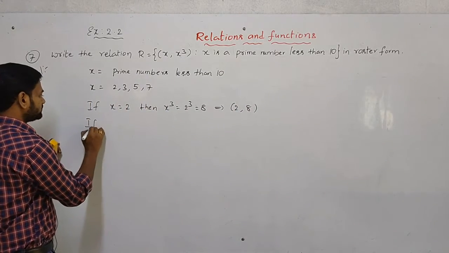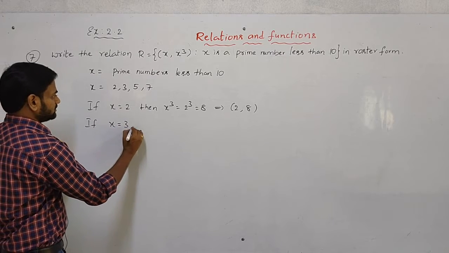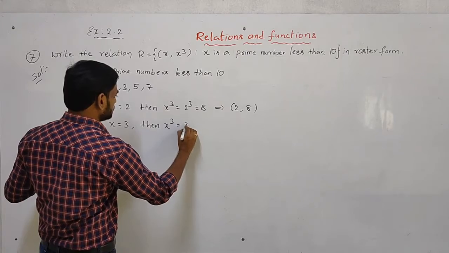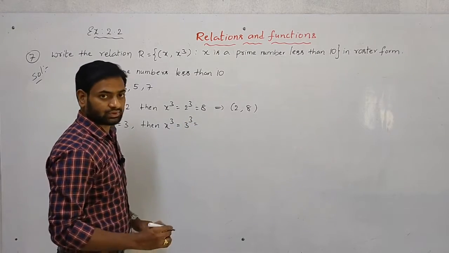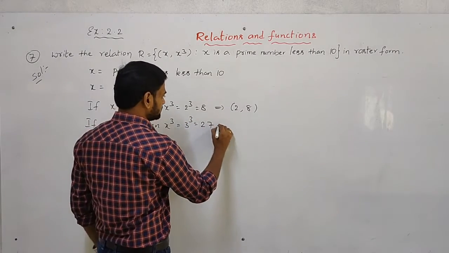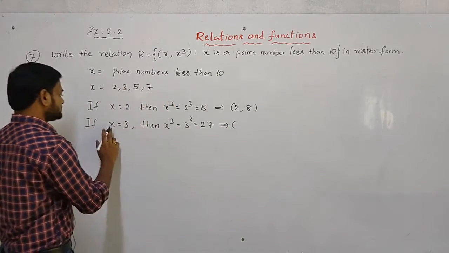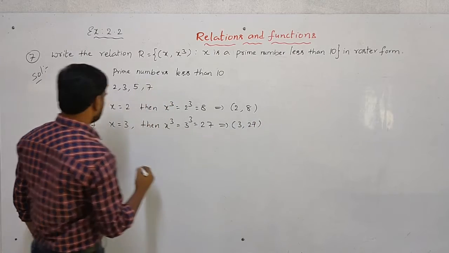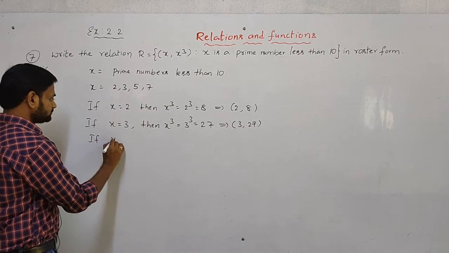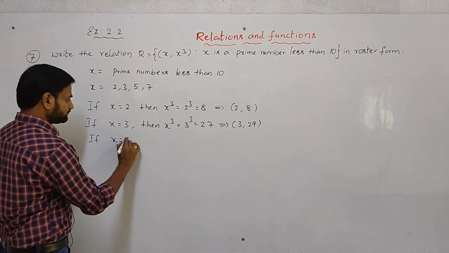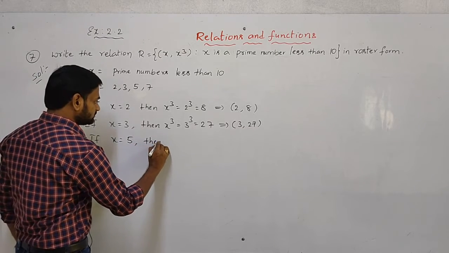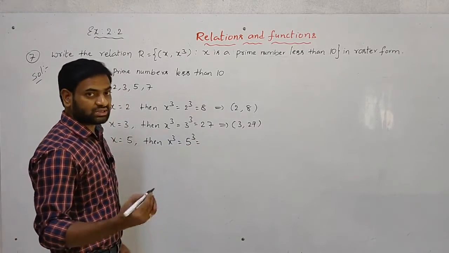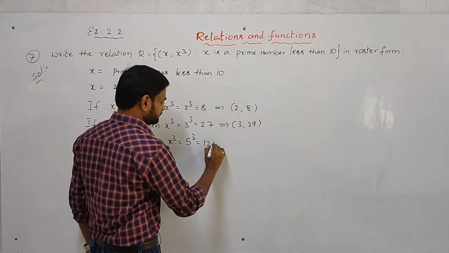Next, if x equal to 3, then x cube equal to 3 cube, that is 27. So the ordered pair is (3, 27). Next, if x equal to 5, then x cube equal to 5 cube. 5 cube is 125.